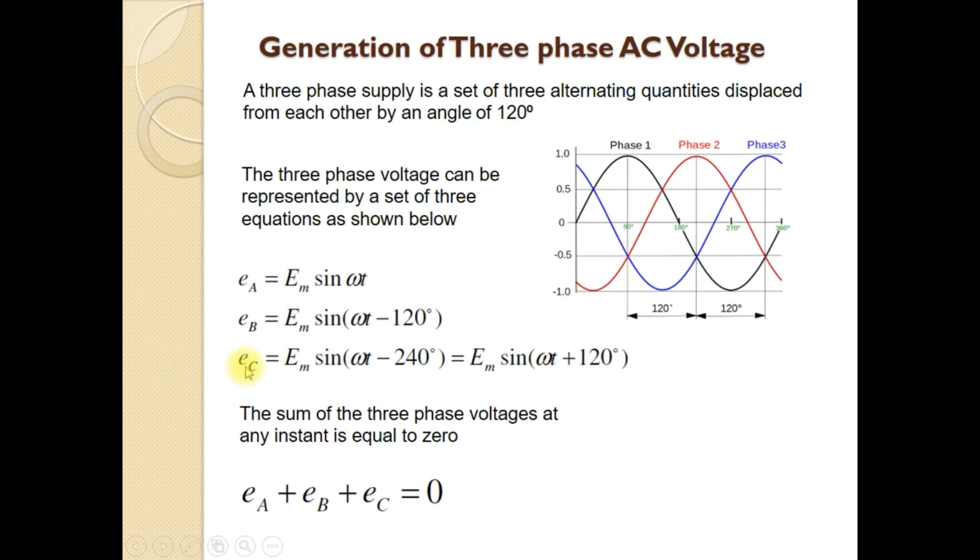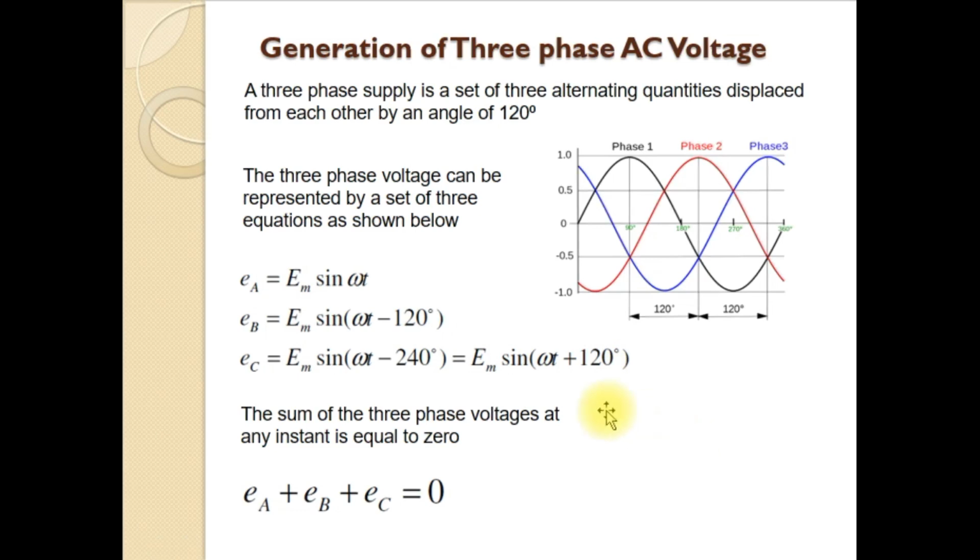So it can be expressed as EC equals EM sin(omega t minus 240 degrees). Minus 240 is equivalent to plus 120 degrees because the whole circle is 360 degrees. So EC can be expressed as EM sin(omega t minus 240 degrees) or as EM sin(omega t plus 120 degrees).